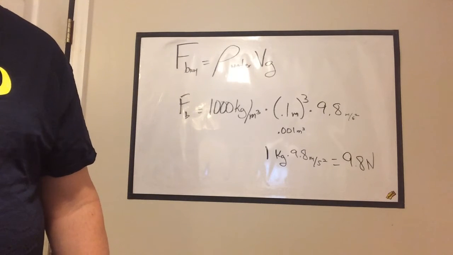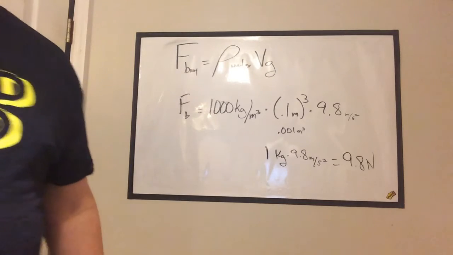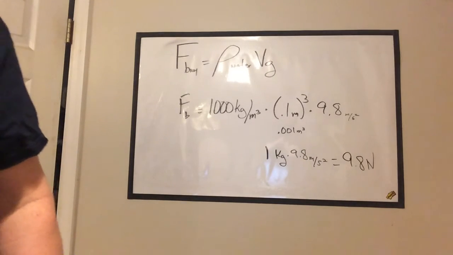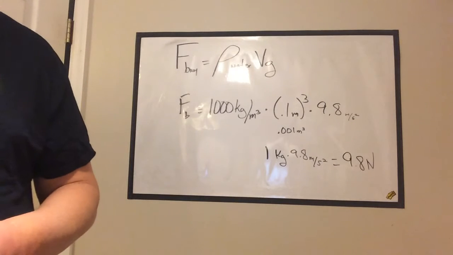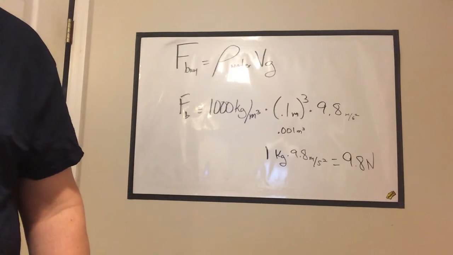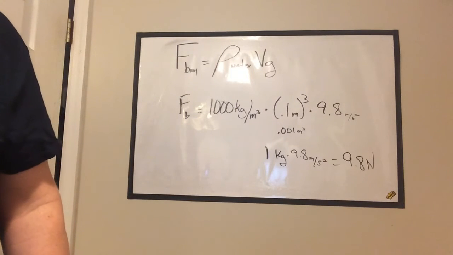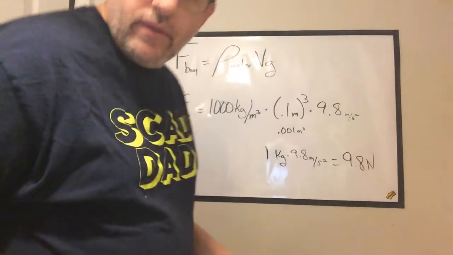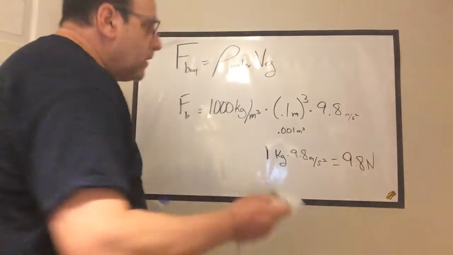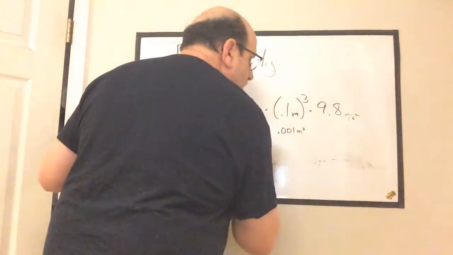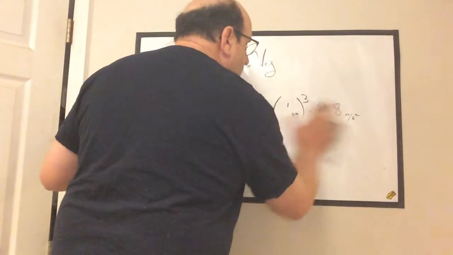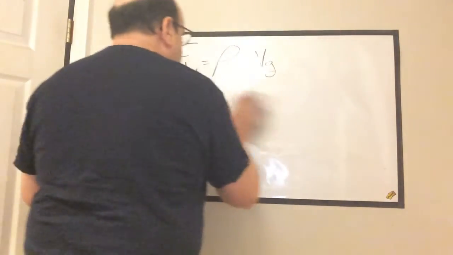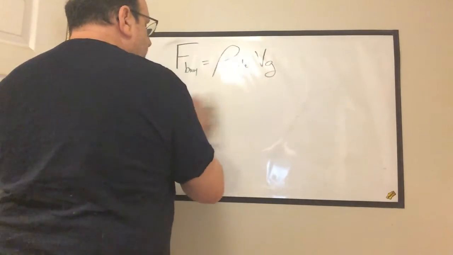The net force is equal to the force of gravity. That's kind of annoying. All right. I would say that this is probably more annoying than the previous problem, but I digress.